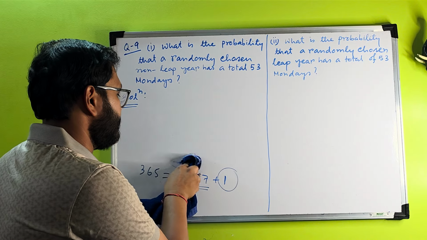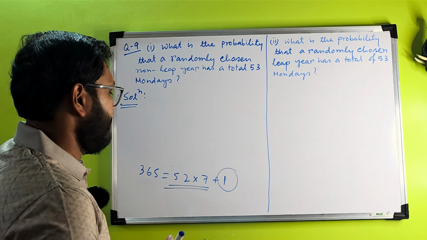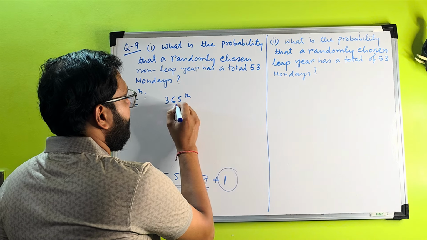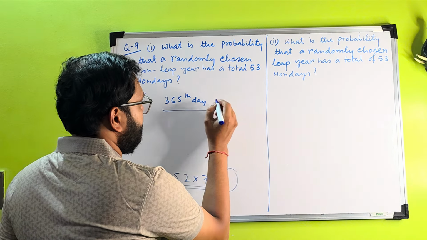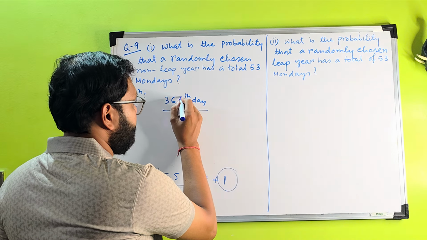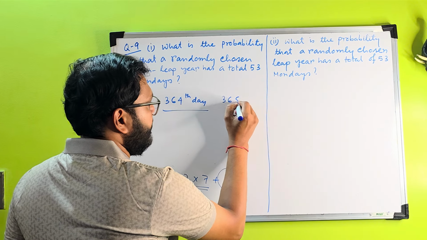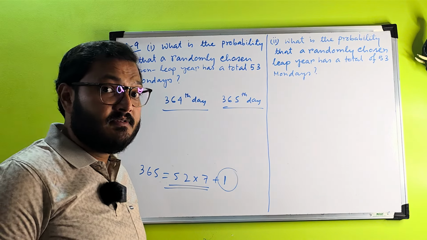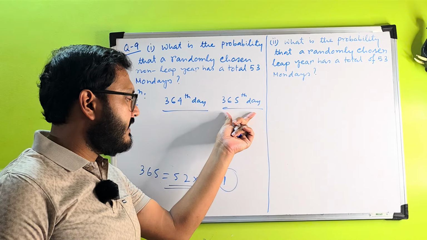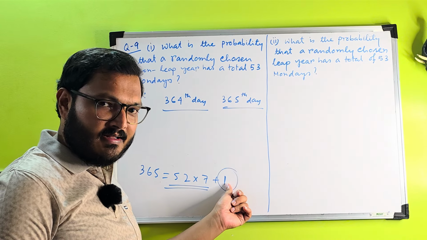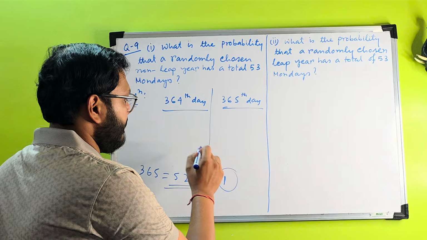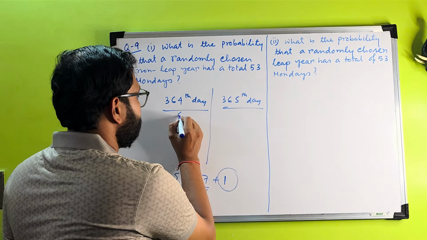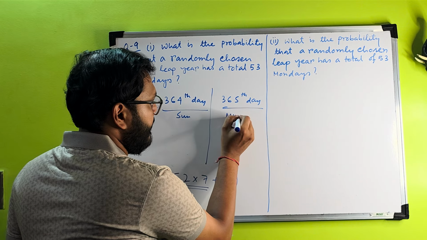There are 52 weeks. We know that. So this is the 364th day and this is the 365th day. The 365th day depends on the last day of the 364 days, because 364 is divisible by 7. So if it is Sunday, then it will be Monday.